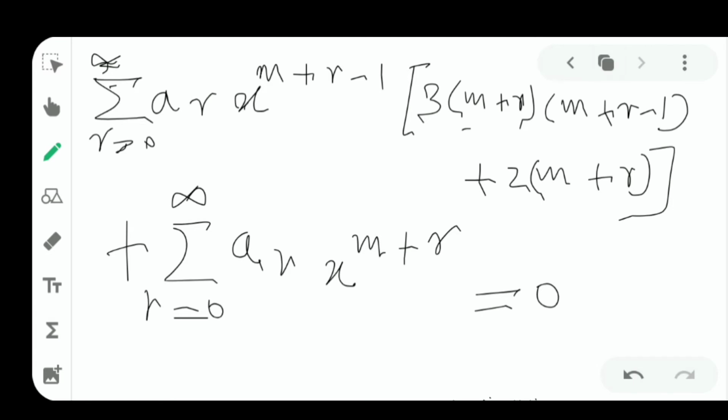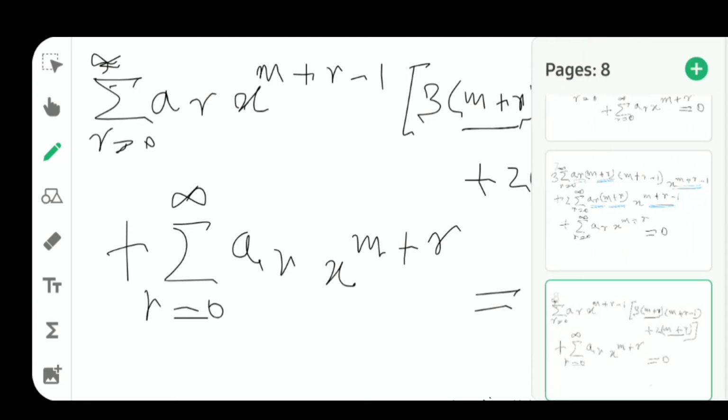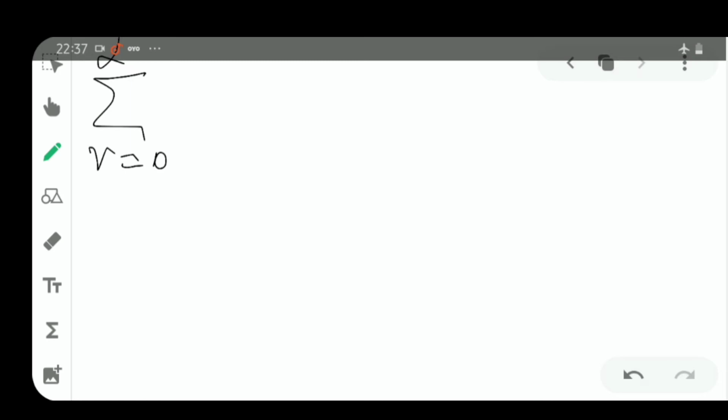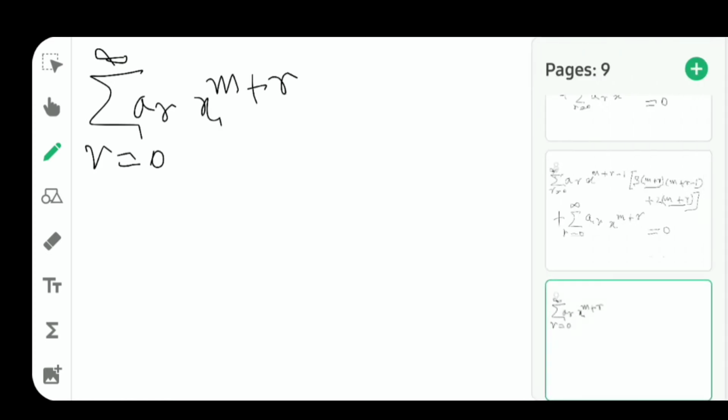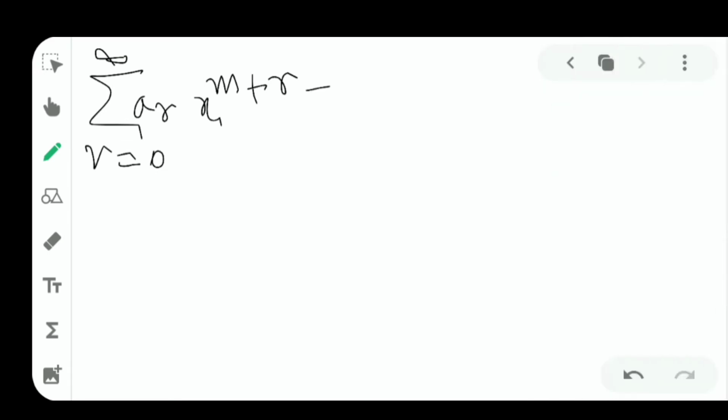And now you have to take m plus r common also. If you take the common here, then you get summation r equals 0 to infinity of a_r x to the power m plus r minus 1.